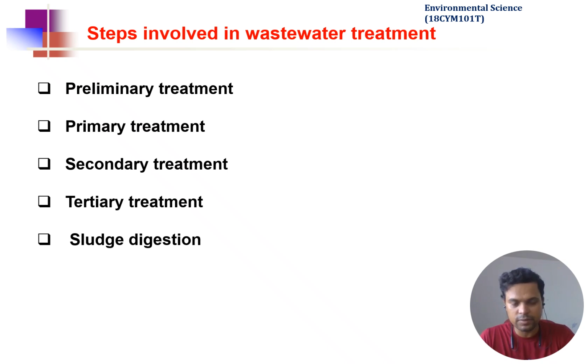Then secondary treatment, which is the biological treatment method where we remove all the organic material. Tertiary treatment is to disinfect the water, and then sludge digestion is how we deal with whatever waste we produce during the process of wastewater treatment.